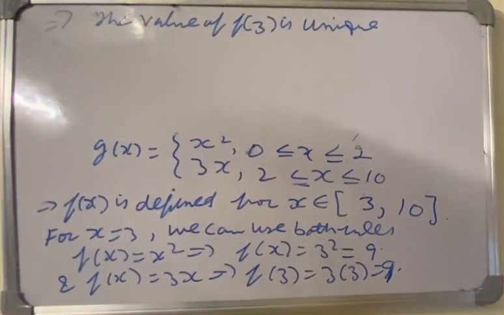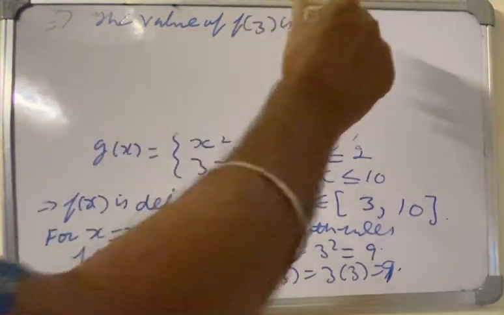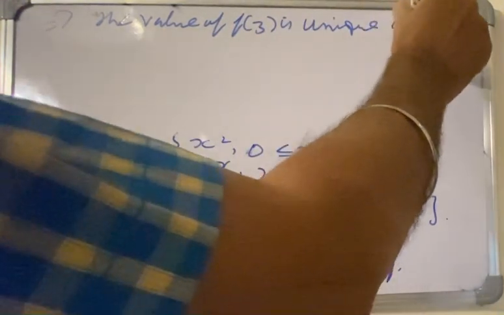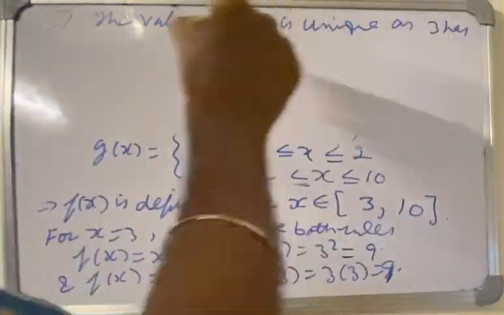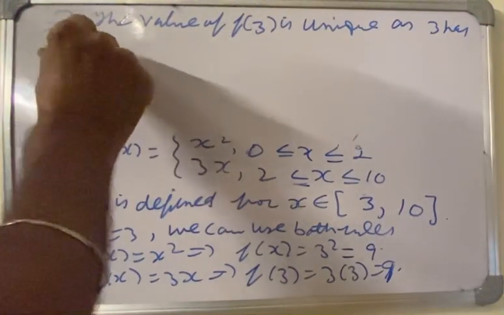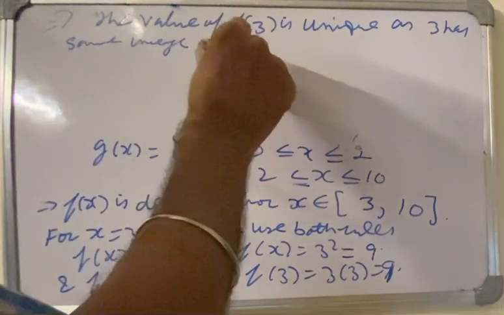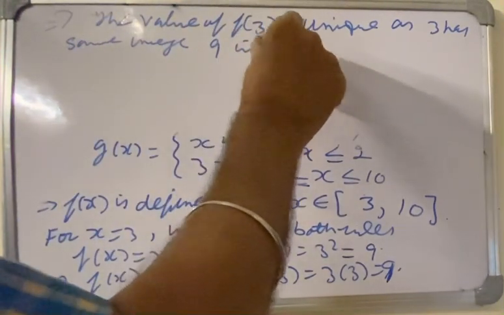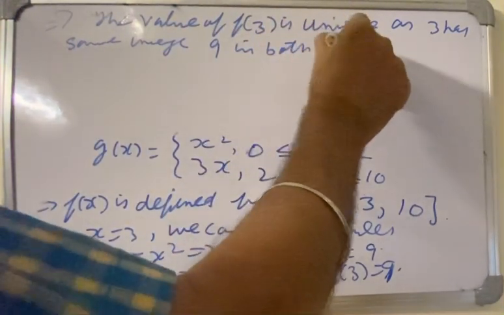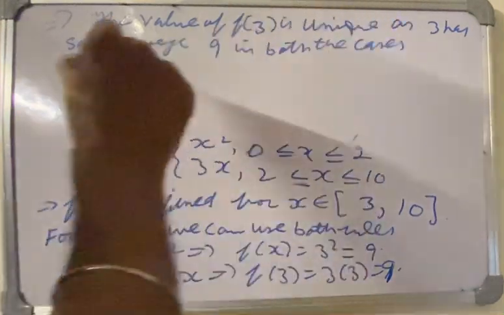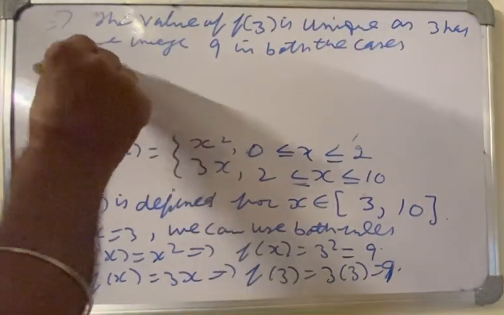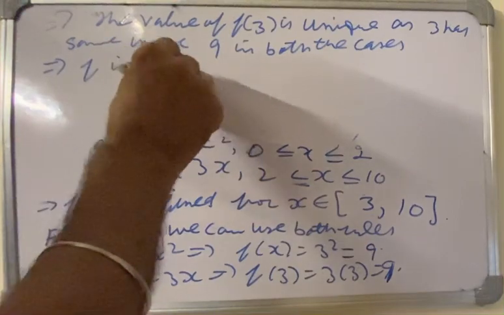Because they have same image, as 3 has same image 9 in both the cases. This implies f is a function.